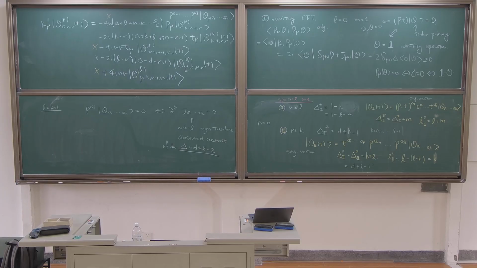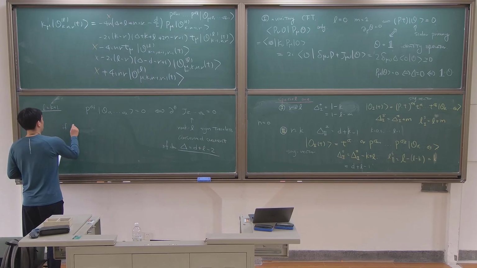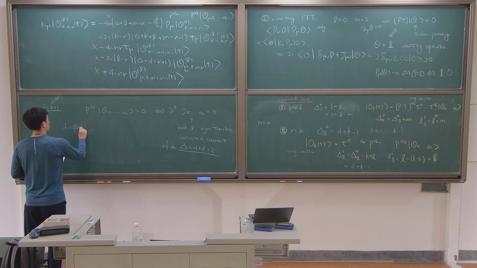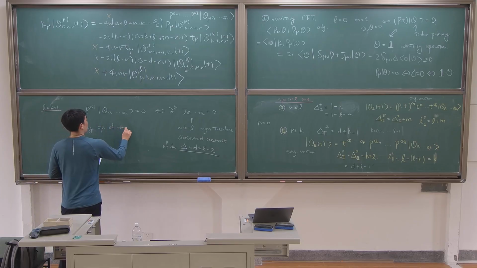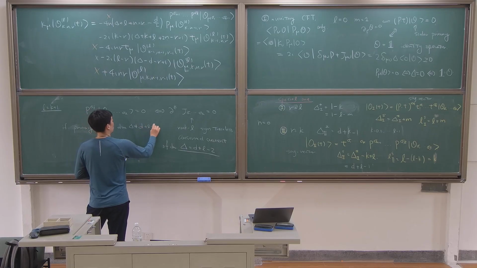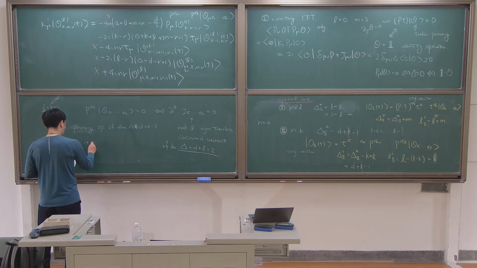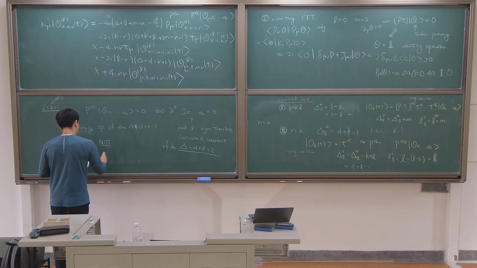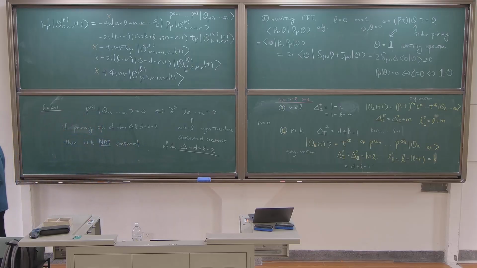So in other words, if a primary operator of dimension delta is not D plus L minus 2, then it is not conserved. A higher tensor operator is not conserved.